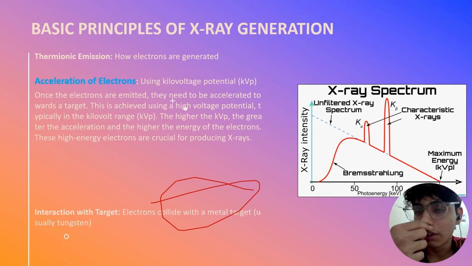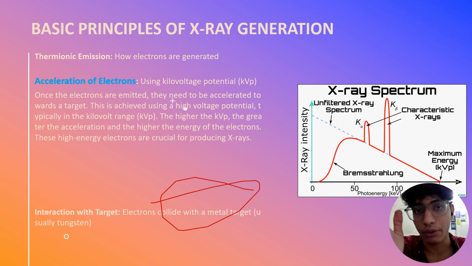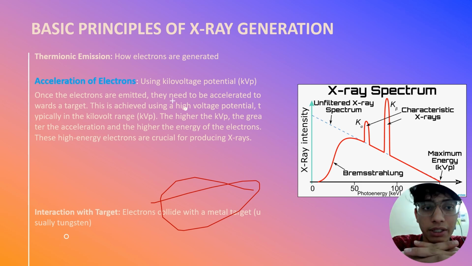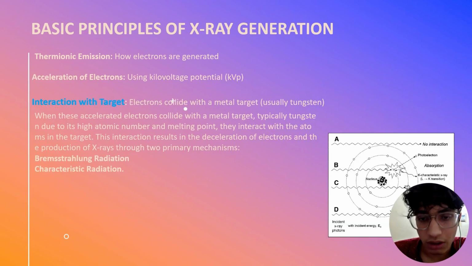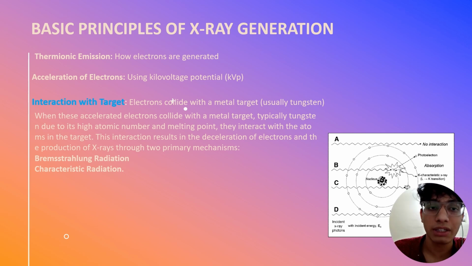It's basically a vacuum tube, which carries a high potential, in the kilovolt range. The higher the potential, the greater the speed of the electrons produced, and consequently it will generate high energy X-rays. In the next slide, we will discuss the interaction with the target.